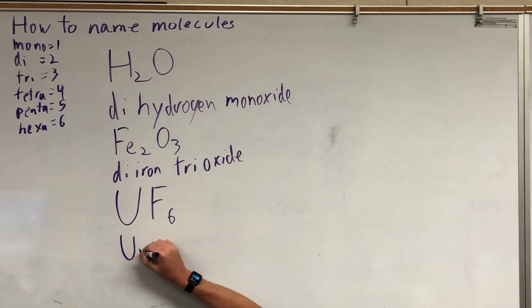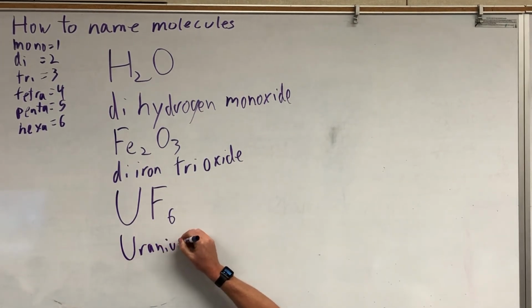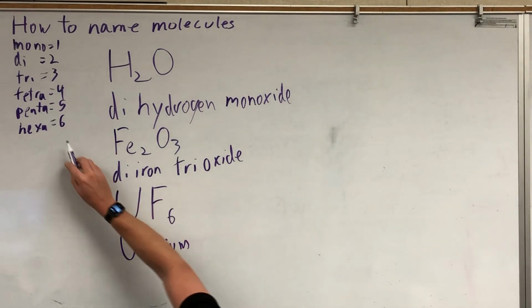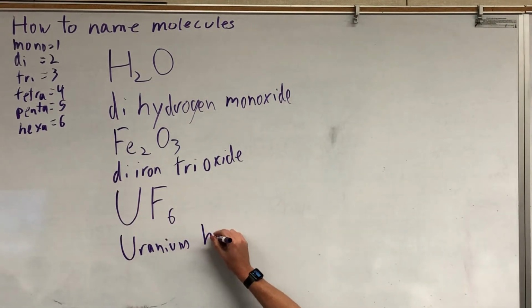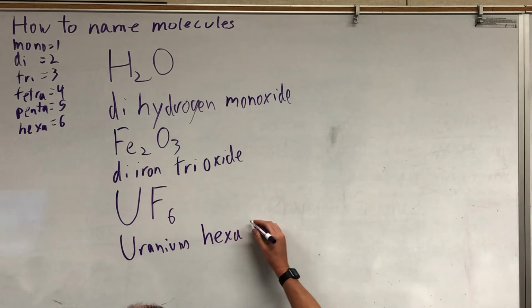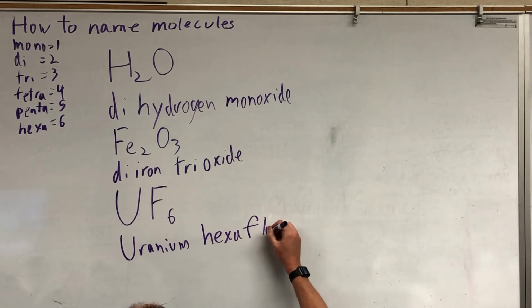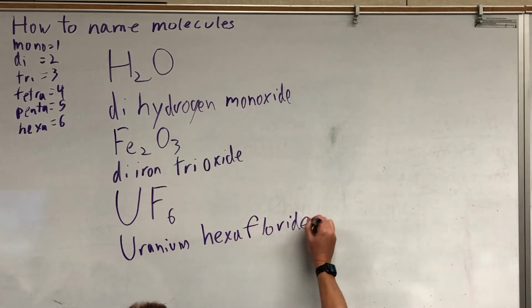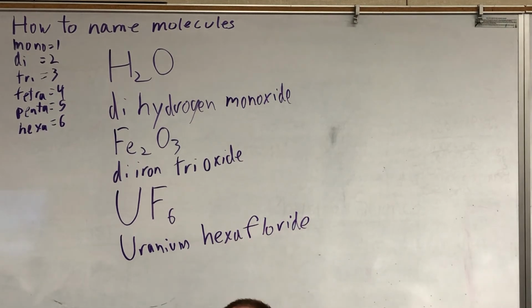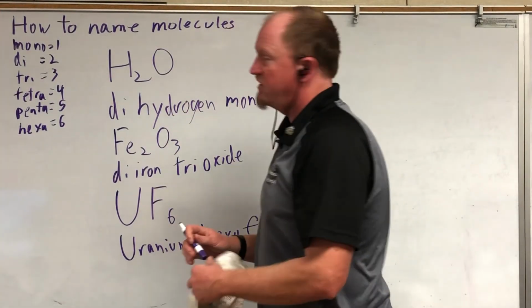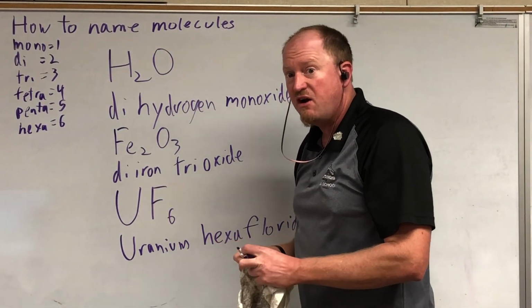So it's uranium hexafluoride. We'll learn more about that one. It's very important for making nuclear weapons, and hopefully I'll explain at some point how to do that. But I think you're starting to see how it works.